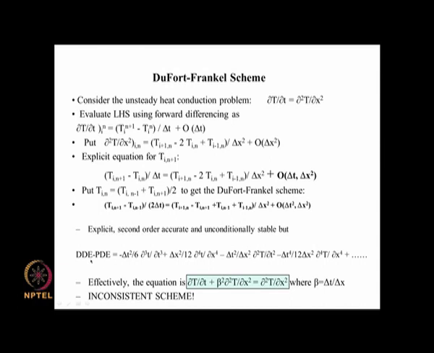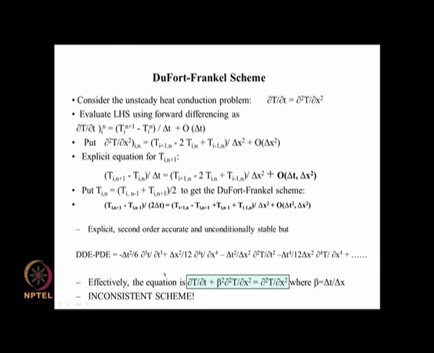So, in the limiting case of delta t and delta x tending to 0, you have DDE minus PDE is not equal to 0, but is equal to minus delta t by delta x whole square times del square T by del t square. And if you say delta t by delta x for a given grid and time step is beta here, then DDE minus PDE is actually minus beta square del square T by del t square.